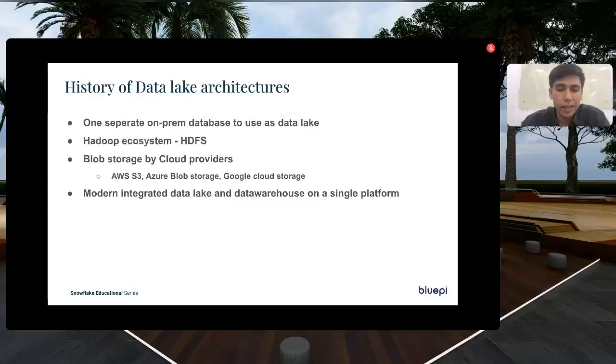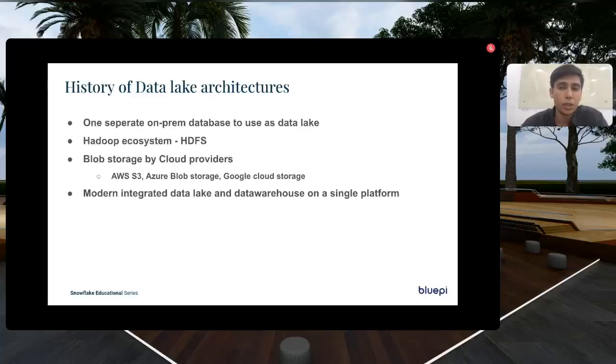The very first data lakes that people implemented within their organization were where they would take one separate on-prem database and use it as a data lake. Let's say they have five different OLTP databases and they want to do some cross database analysis.